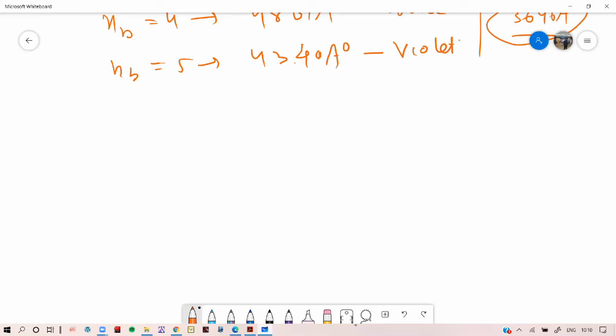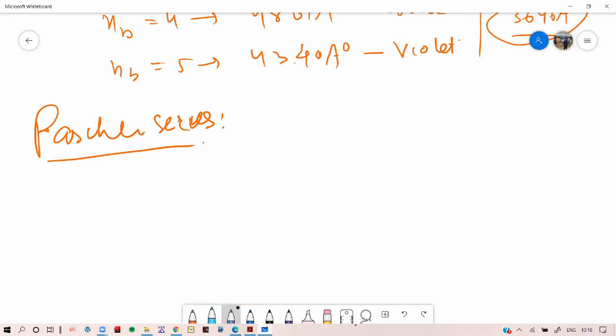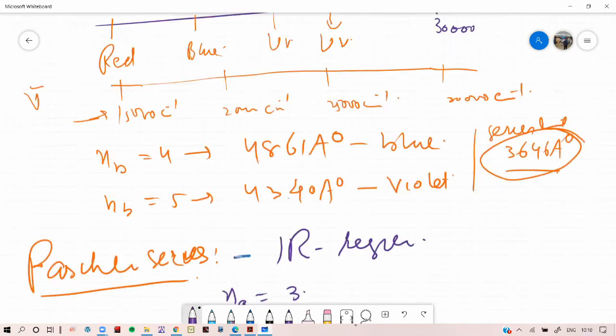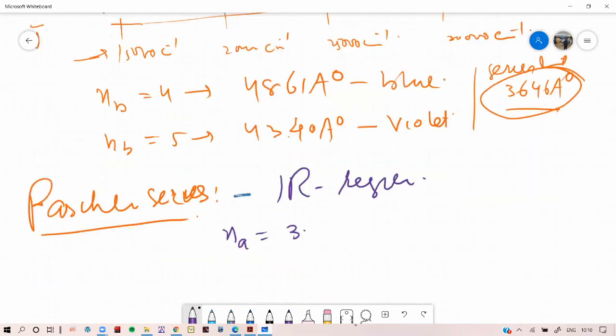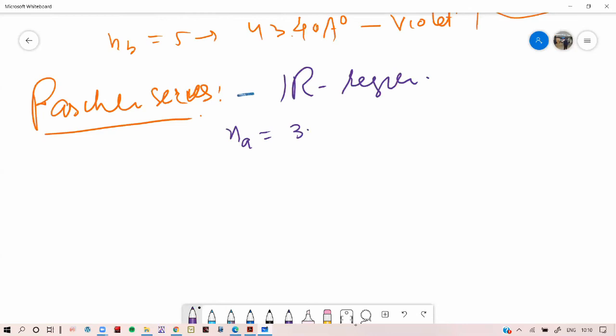So another series, according to Balmer's spectral analysis, was the Paschen series. It comes out in the IR region with Na equal to 3, and it starts with a line at 18751.